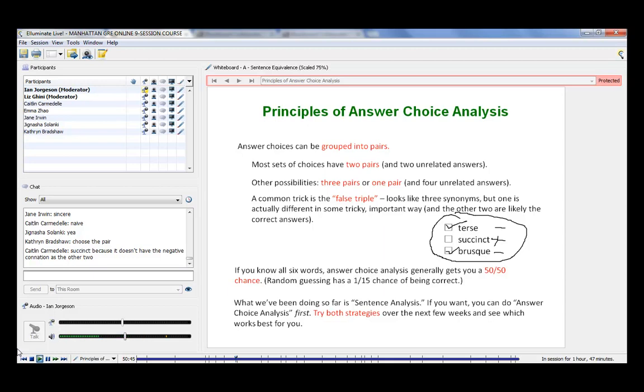So it benefits us by being efficient if we know all the words, and it also benefits us by giving us a new skill in looking at the answers that works even if we're looking at the sentence first.